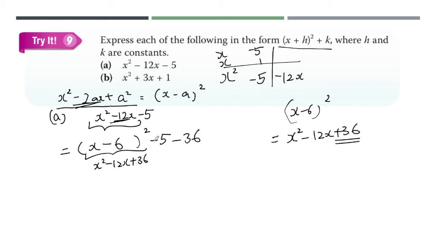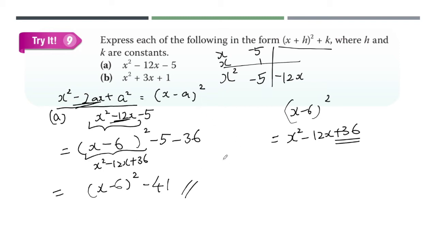So this whole thing, what is left is just x squared minus 12x minus 5. Nothing has changed except for the way it looks. So we just have to simplify it now. Minus 5 minus 36, I have minus 41. This is the completed square form from here to here.